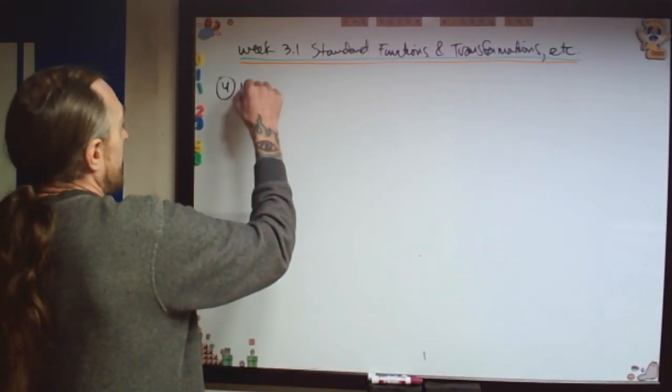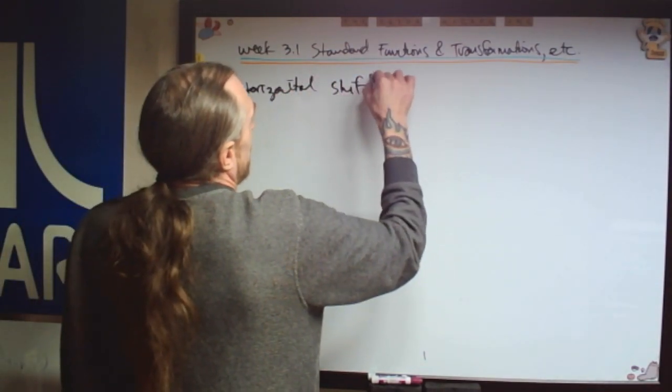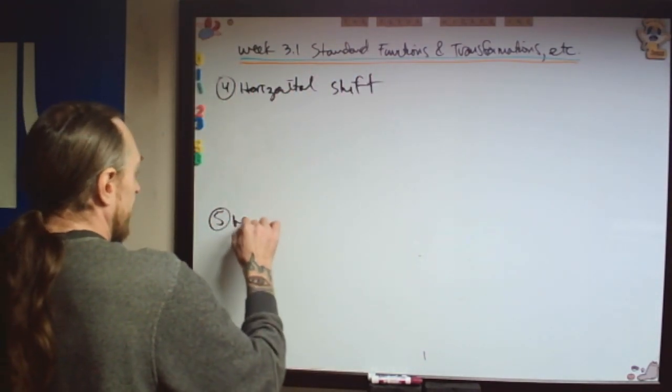So 4 is horizontal shift, and 5 is vertical.